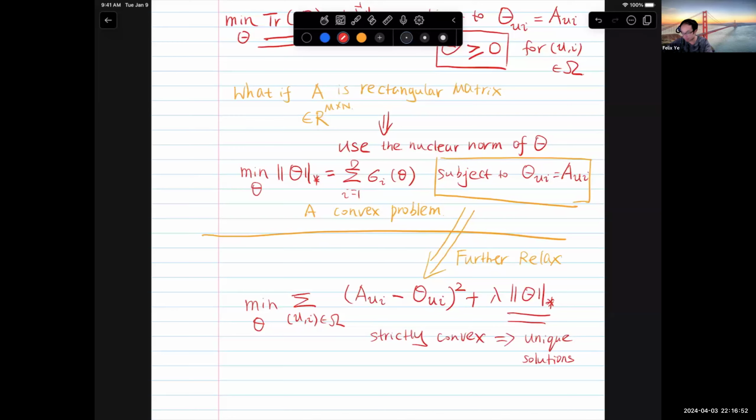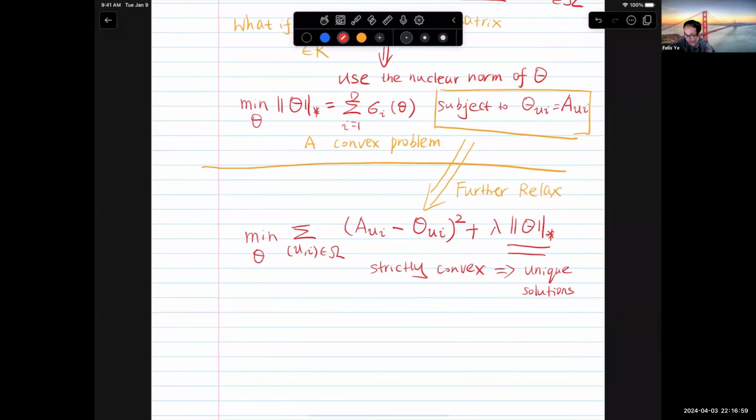So basically, with that, it's usually solved by an algorithm called SDP. SDP is short for semi-definite programming.